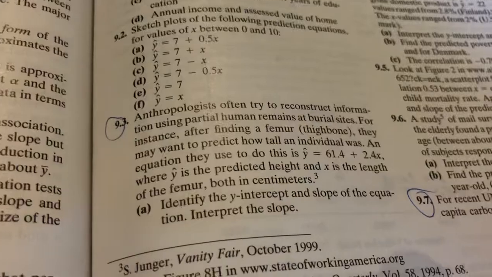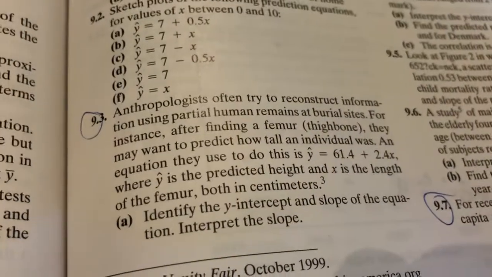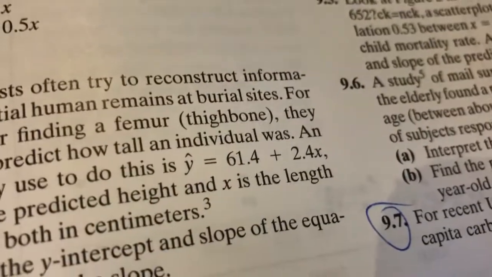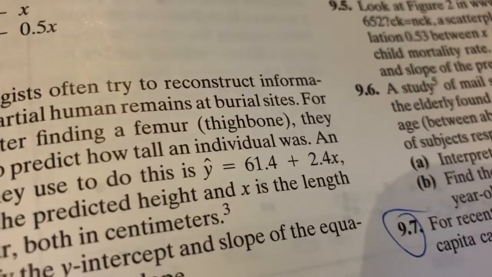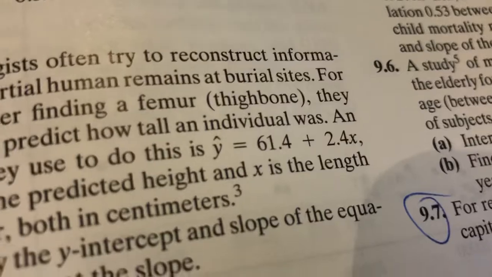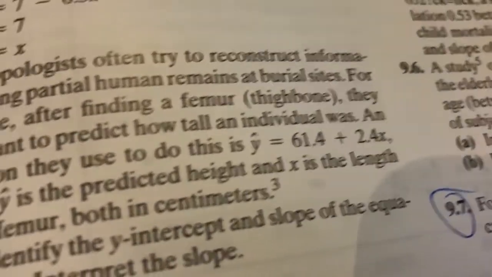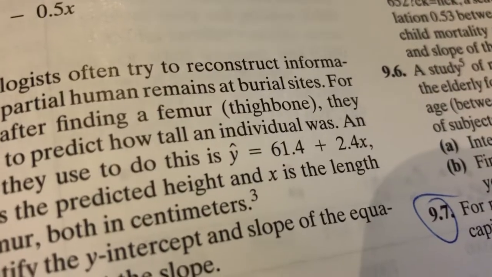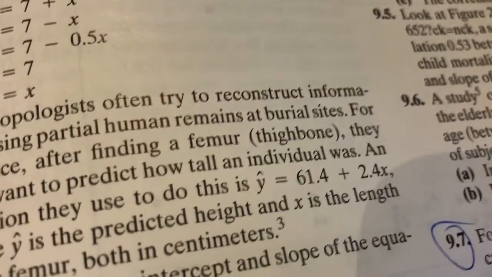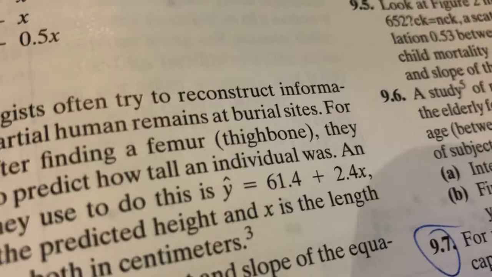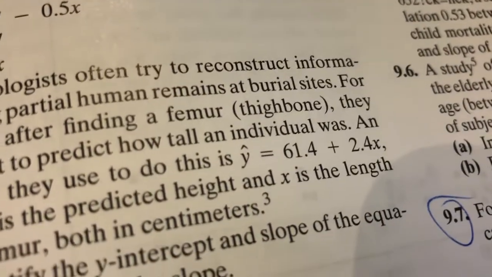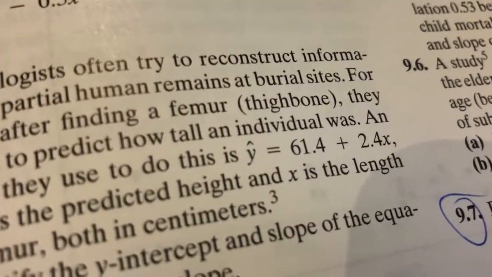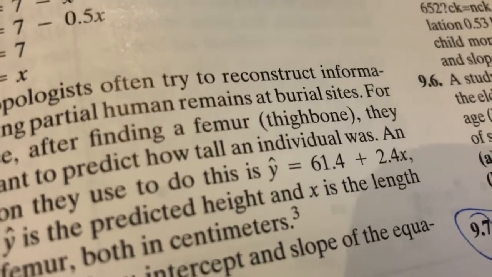So then in number 9.3, there's a formula right here. The estimated Y is 61.4 plus 2.4x. So what that means is your y-intercept is 61.4 centimeters. And then 2.4x simply says that for every centimeter change in x, you'll get a 2.4 centimeter change in y.